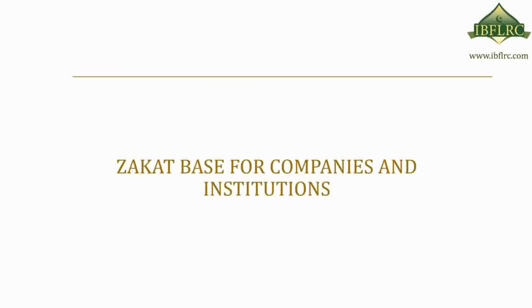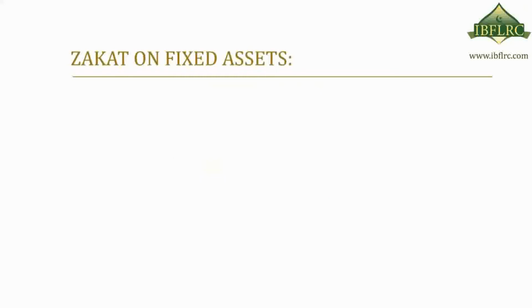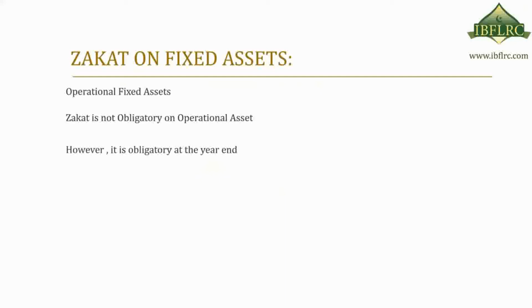Zakat base for companies is calculated based on components of its financial statement. Fixed assets include operational fixed assets, such as the premises, institutions, and everything. Zakat is not obligatory on operational assets and on income generating assets if such assets are not acquired for trade.